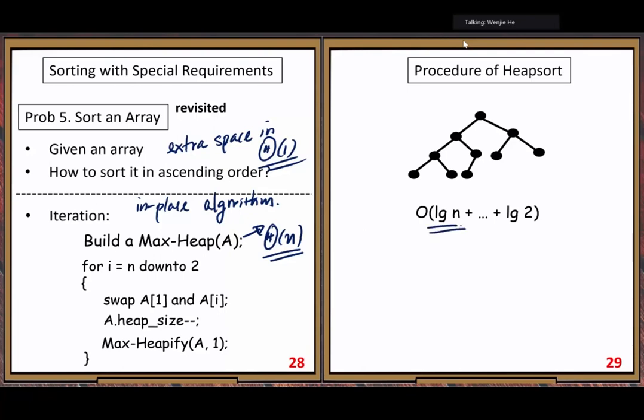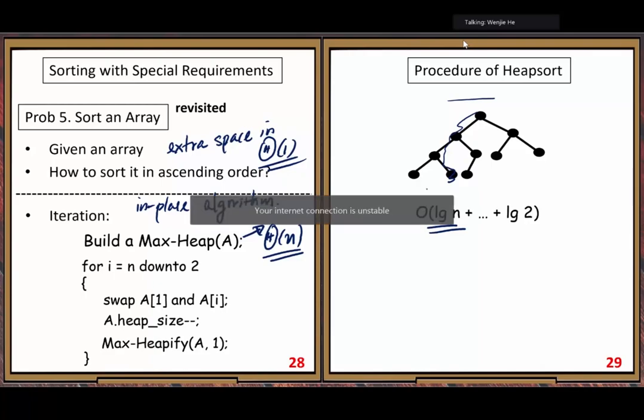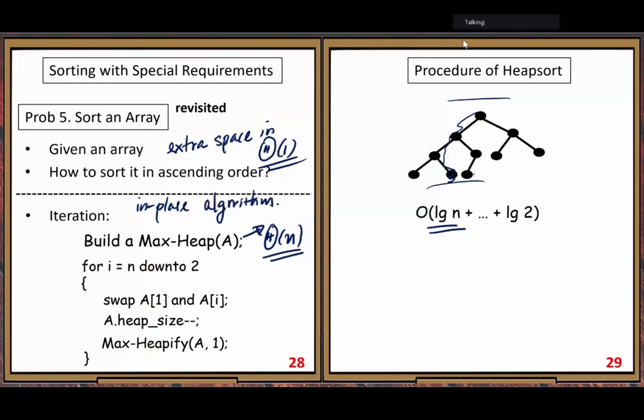When the size is n, your longest path is the height, log base 2 of n. After that, you reduce the heap size to n minus 1. Then the next time, you need log base 2 of n minus 1, and so on.